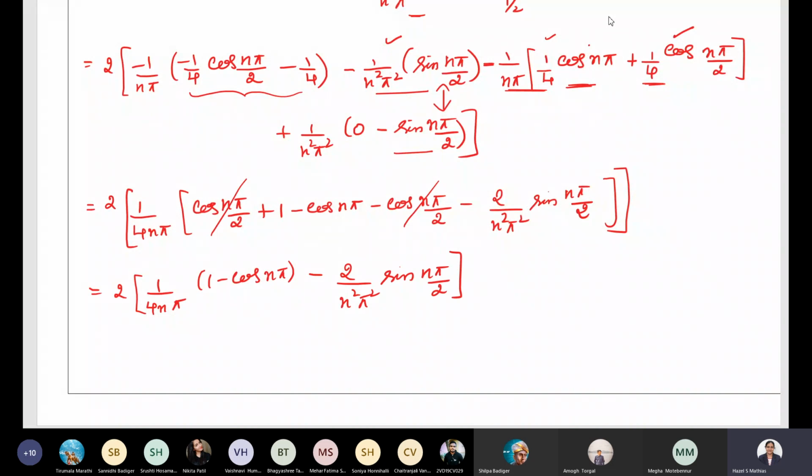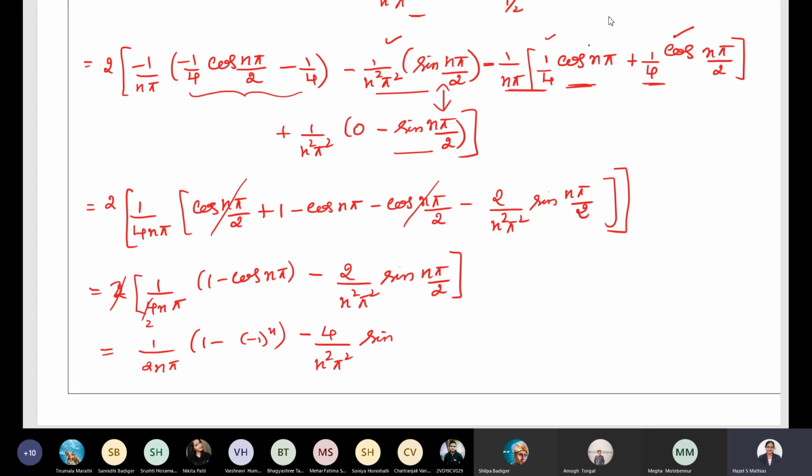Now here, when you multiply by 2, 2 ones are 2, 2 twos are 4, so 1 by 2n pi into 1 minus cos n pi, correct? So cos n pi can be written as minus 1 power n. Then again when you multiply this 2 over here, it will become minus 4 by n square pi square sin n pi by 2.